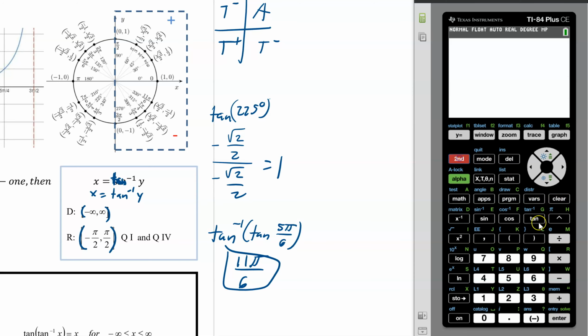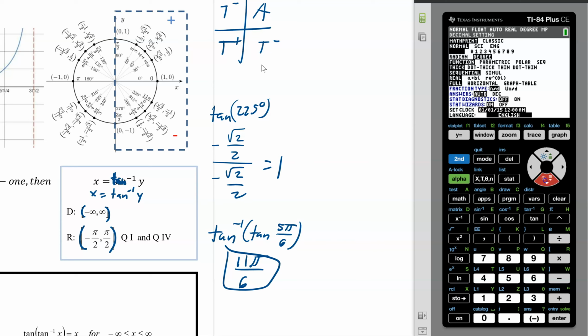If you input it in, it's not going to give you the exact value, but what you can do is use your calculator to check it. Now we do need to make sure that we are in radians here. So mode, hit enter, so I can quit.